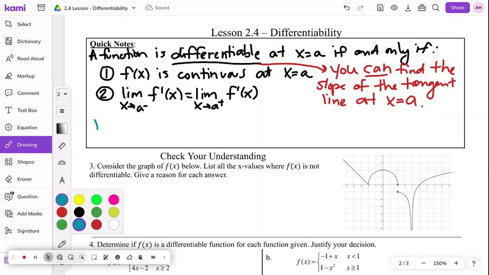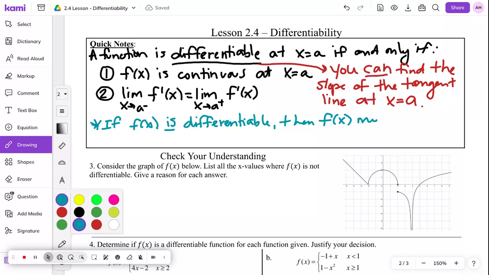So if f of x is differentiable, big words, you're going to know how to spell this by the time you're done, then f of x must have been continuous.